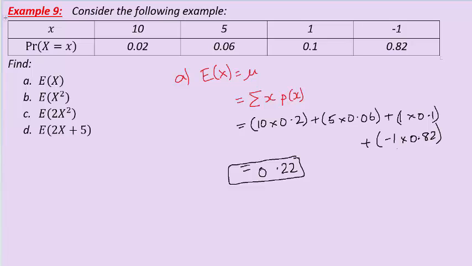The next part of the question asks us to find E of X squared. So I'll do the same process that I've done here, but what I do is I square my x value.